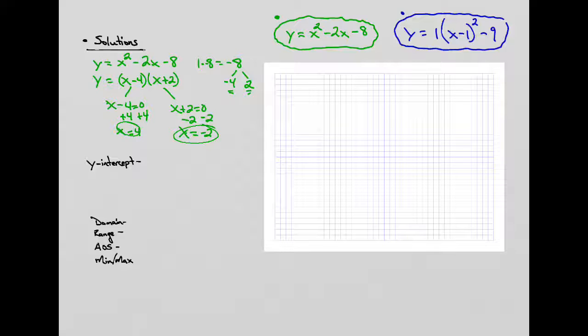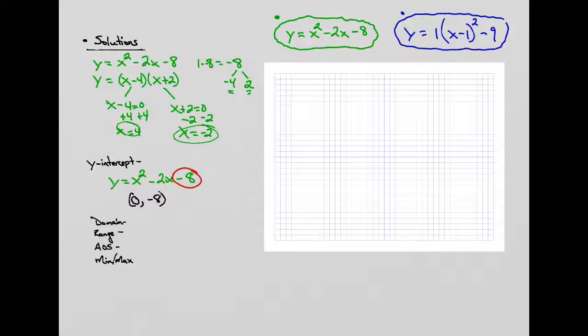My y-intercept I don't really need to do a whole lot with, because when I have my equation in standard form, which I do already, the last term is my y-intercept. So my y-intercept is going to occur when I have a point at 0 over and 8 down.